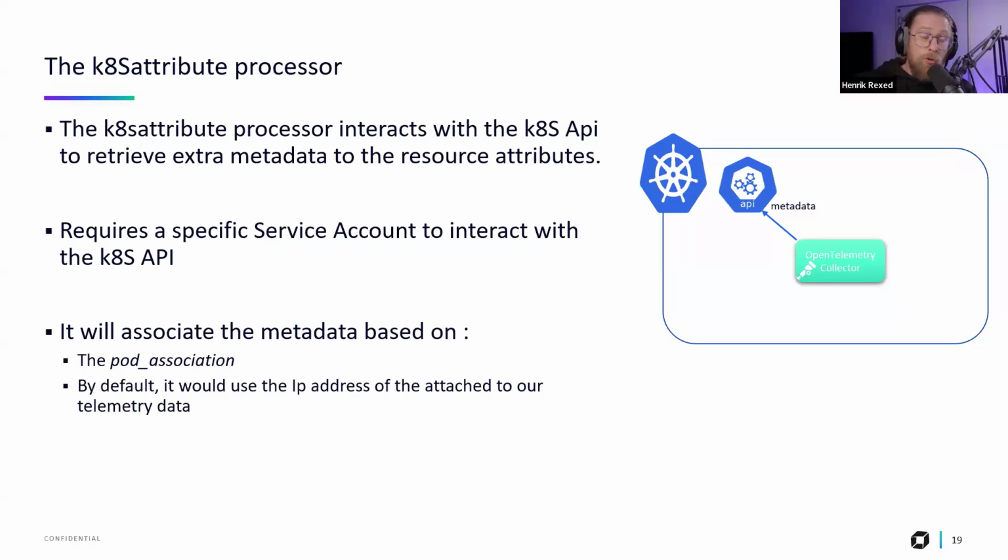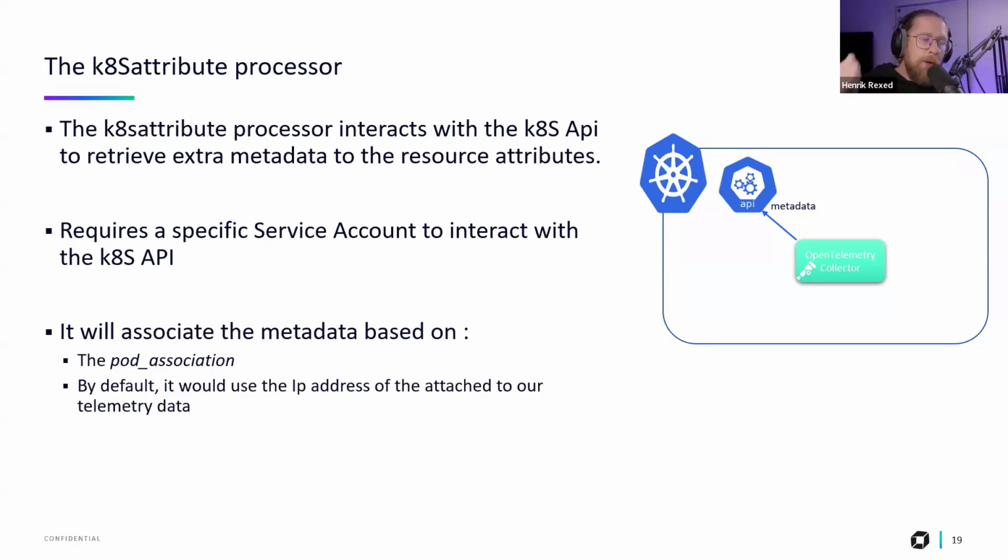And of course, to be able to achieve that, it means that your collector needs to have a service account, obviously, with a cluster role and cluster role binding, so RBAC, that is able to list and get the various objects: node, pod, service, deployment, and so on. All those objects will be required, because at the end, if you want to have the different details, you will have to get the rights in your Kubernetes cluster.